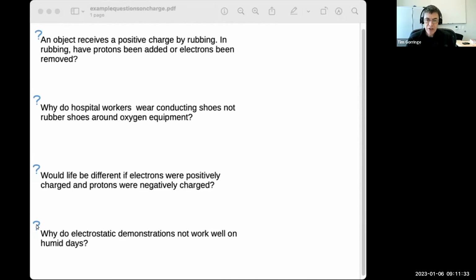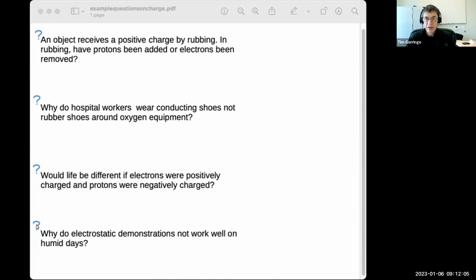In electrostatic demonstrations or experiments, we typically rely on charging an object or charging objects by rubbing. When we charge an object or objects by rubbing, we want that charge to accumulate and grow and grow, so we can demonstrate the effects of the electric charge. Well, if it's dry air, then the air does not conduct away the charge.